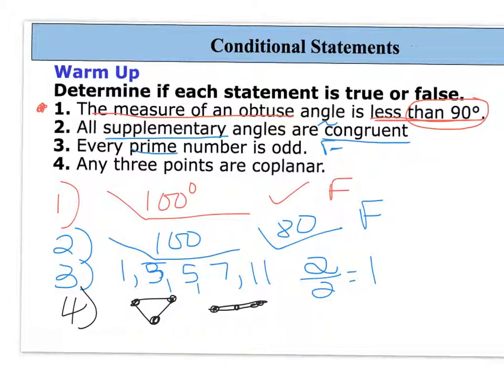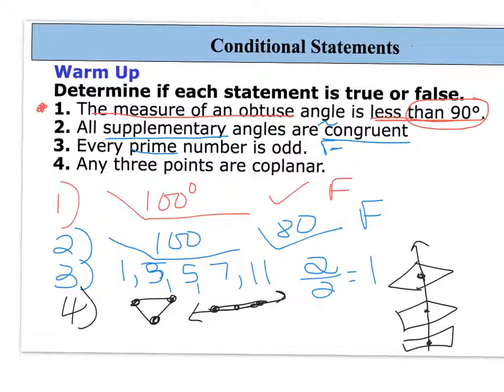We could have a plane up here, and a plane down here, and a point there, and a point there, and then another point, and we can connect those points. Are all those points in the same plane? No. This is a little tricky, but it's a good counterexample to show that just because you have 3 points doesn't make them coplanar. They have to be non-collinear. So that one was false also.